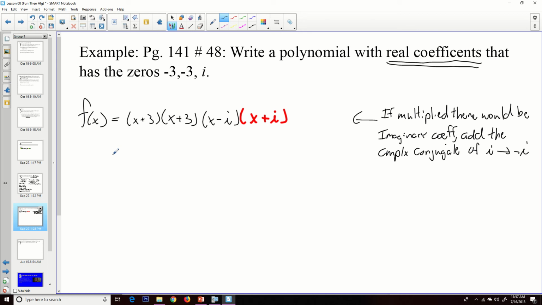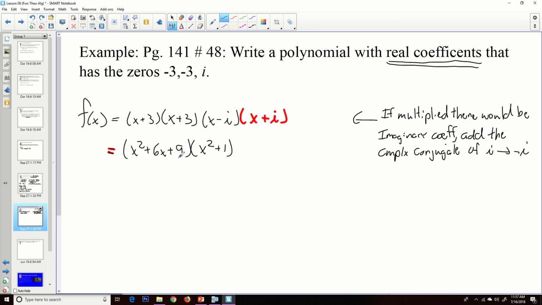So let's multiply these out. X plus 3 times x plus 3, well, we can do that in our head. It's x squared plus 6x plus 9. And then we've done x minus i and x plus i already. We get x squared plus 1.